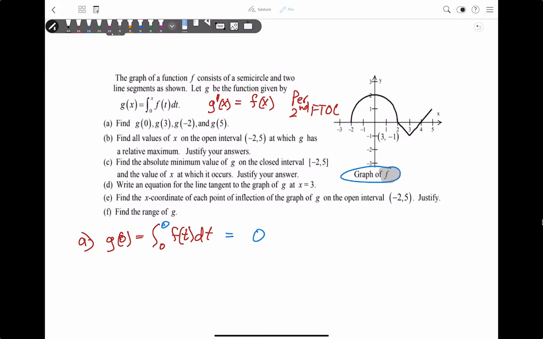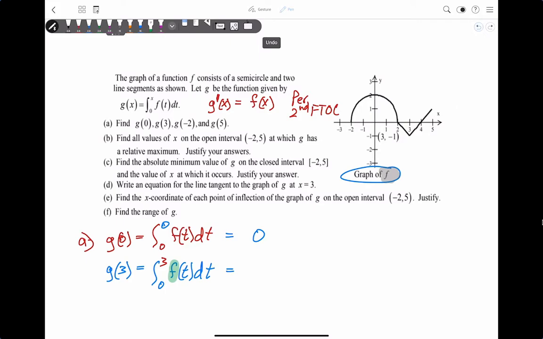Okay, so now let's look at the next one. We're looking at g of 3. So g of 3 is saying the integral from 0 all the way to 3 on the f graph. The f right here, let me highlight it in green, is this function that you see in the picture.